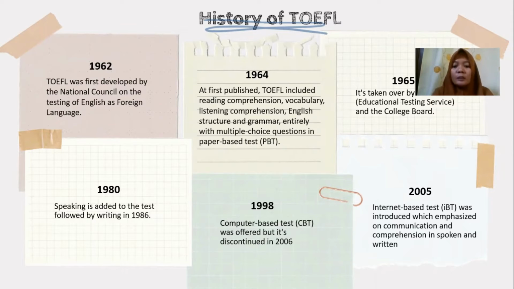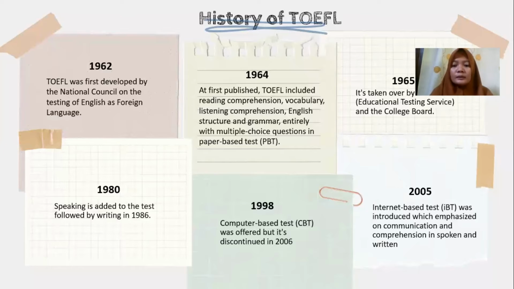When it was first published in 1964, TOEFL included reading comprehension, vocabulary, listening comprehension, English structure and grammar, entirely with multiple choice questions in a paper-based test or PBT. In 1965, administration of the TOEFL was taken over by Educational Testing Service or ETS and the College Board because of the drawbacks that the original version had.